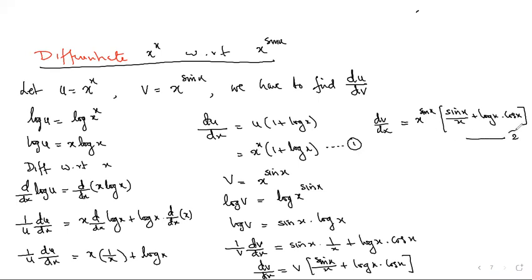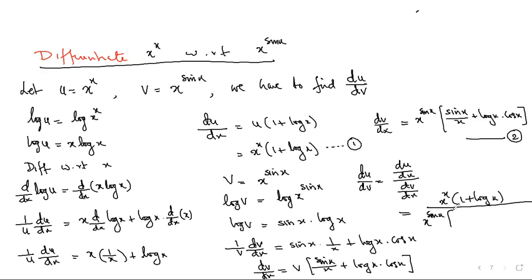So equation number 2. Oh, Chirag, you have typed the whole thing. Superb, Chirag. Such a big answer, you have typed it. du by dx is x to the power x into 1 plus log x divided by x to the power sin x upon x plus log x cos x.